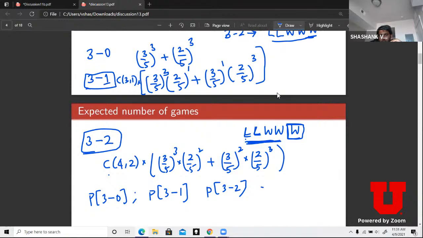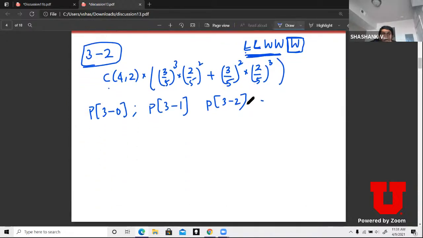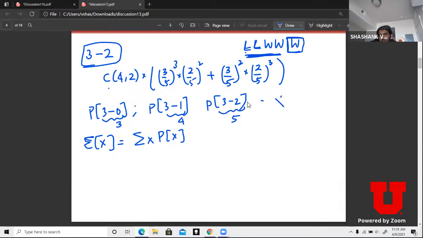So what's the expected length of the number of games? Expected length would be E of X, which is sigma X times the probability that X occurs. In this case, 3 games are played. In this case, 4 games are played. In this case, 5 games are played. So our random variable would be X equals 3, 4, and 5, right?